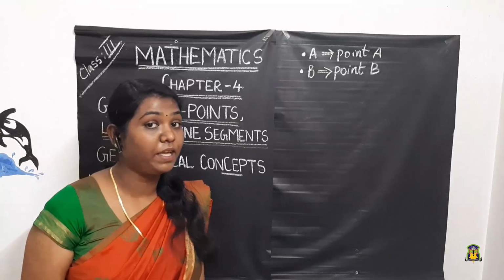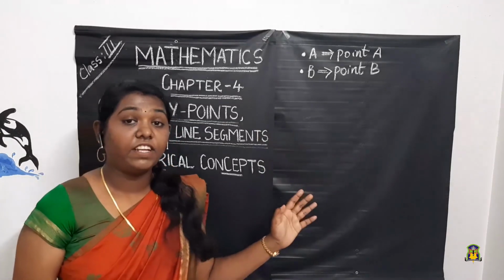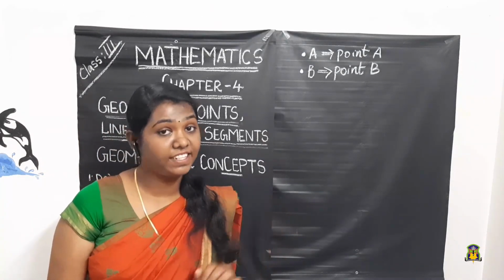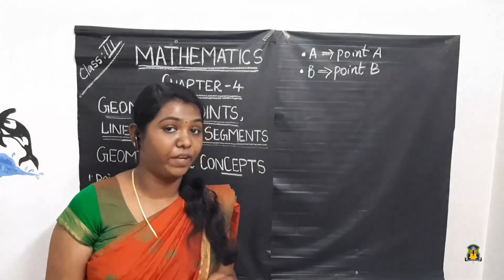Even stars look like points in the night sky. Okay, so these are the examples of points.